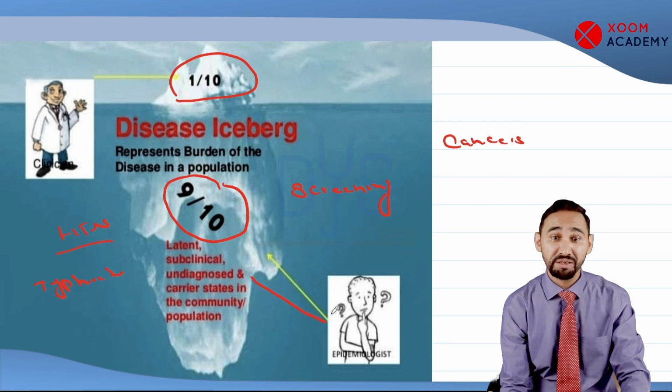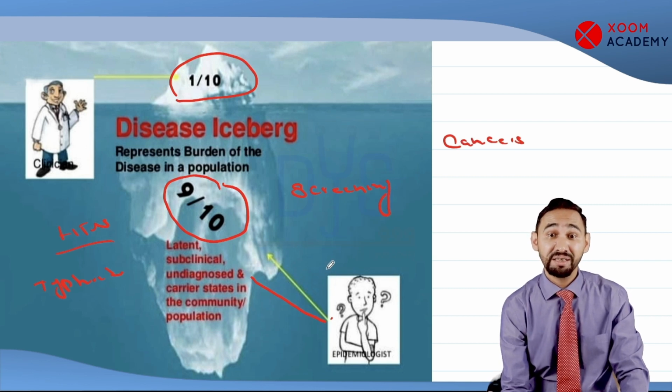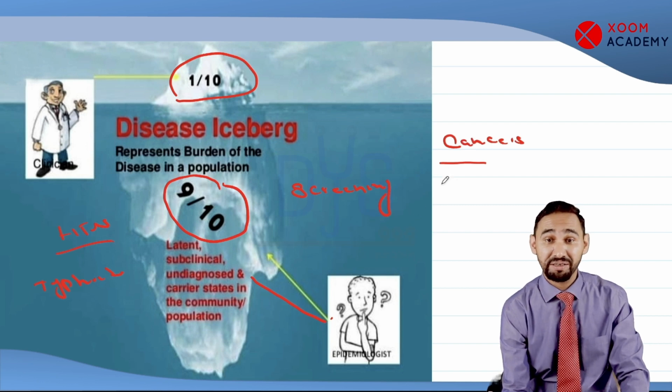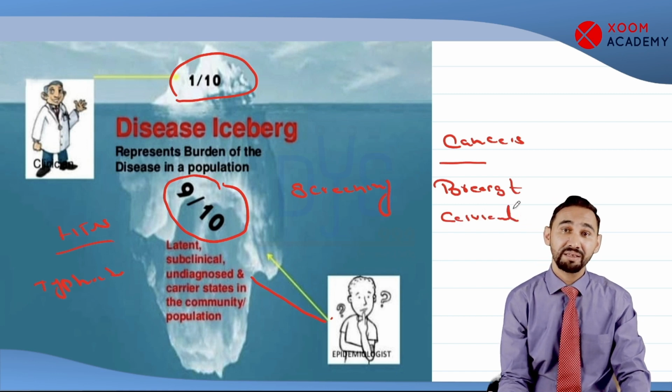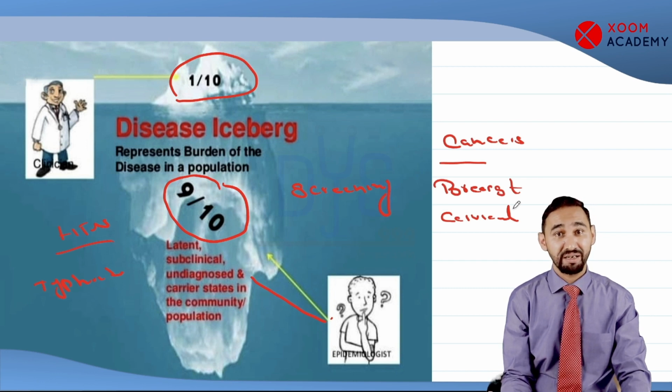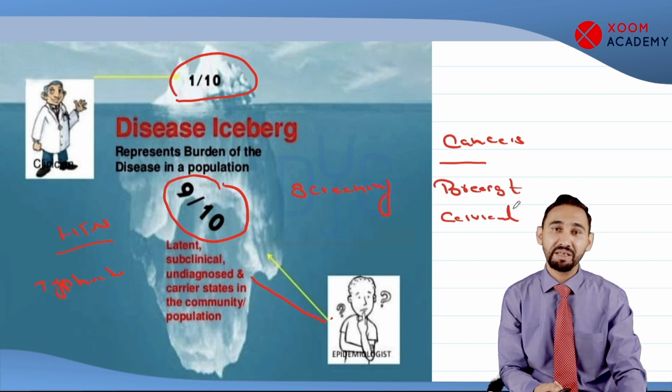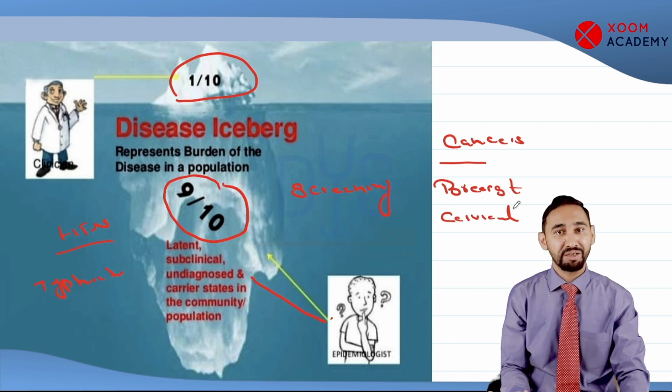When an epidemiologist does screening and early diagnosis, these cancers can be diagnosed at early stages, like breast cancer, cervical cancer. Mostly they are diagnosed at later stages. For breast cancer, there are screening programs. For cervical cancer, there are screening programs. Breast cancer screening programs are self-examination, mammography. Cervical cancer screening programs like pap smear.